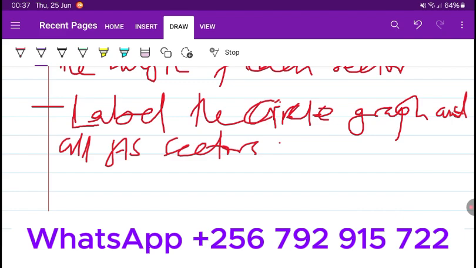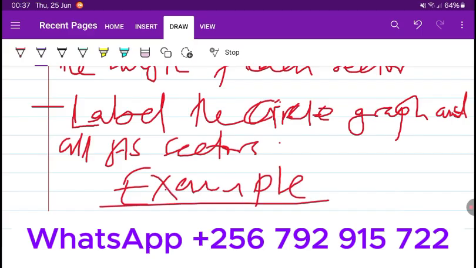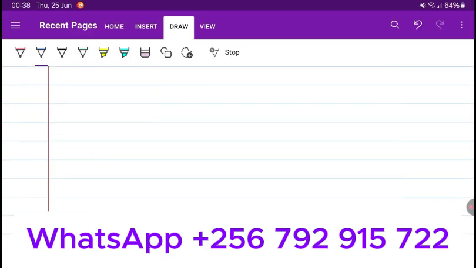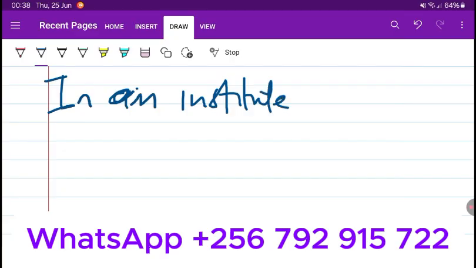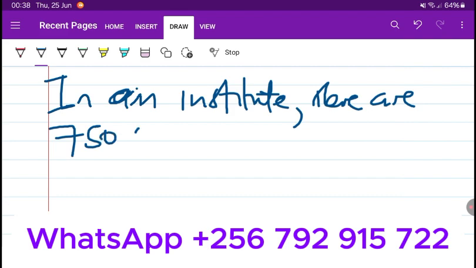So let's look at an example and see what we can do. Let's say that in an institute, there are 750 students in level 1.